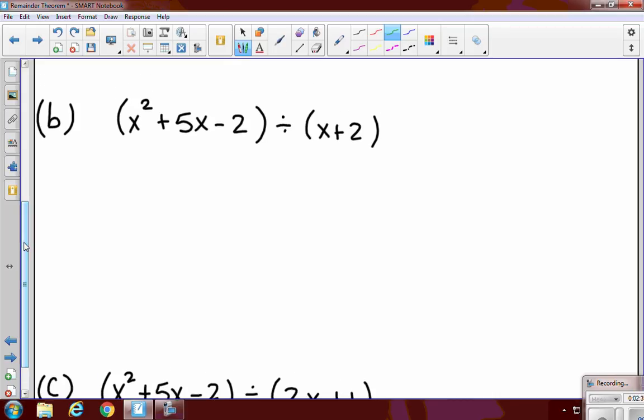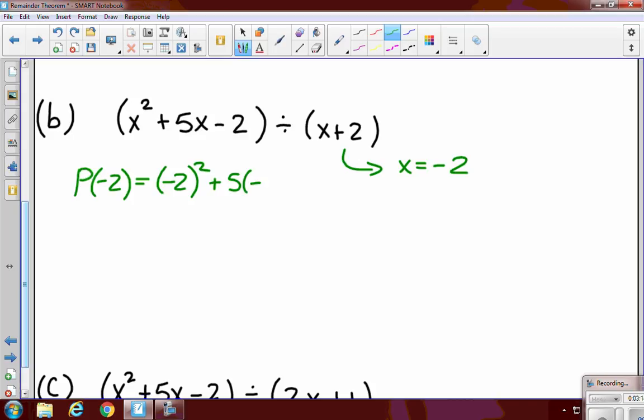We have x squared plus 5x minus 2, that's our polynomial p, and we're dividing it by x plus 2. Well, from here, we could determine negative 2, solving for x if x plus 2 equals 0. So I'm going to put into this polynomial a negative 2. This is where brackets, back to your early stages with substituting in an algebraic expression, become important, because the x is squared, so I need to have negative 2 squared, not just a negative 2 without the brackets.